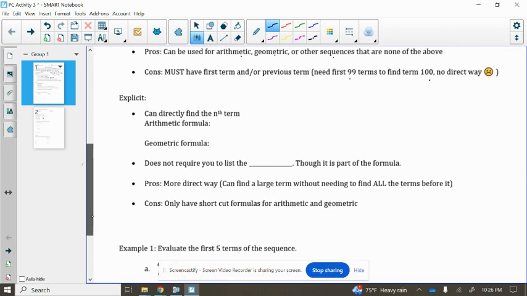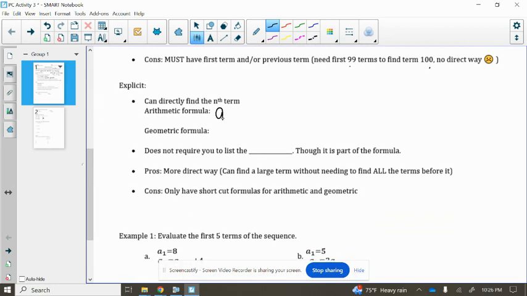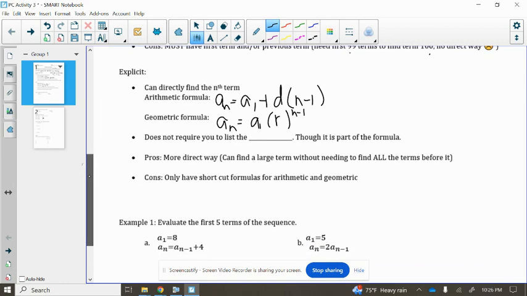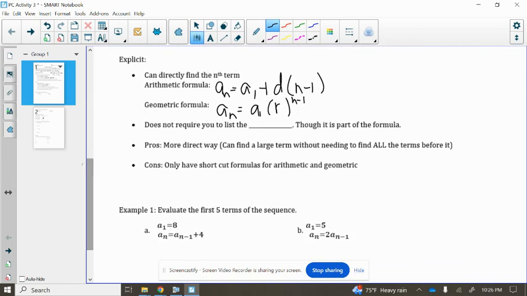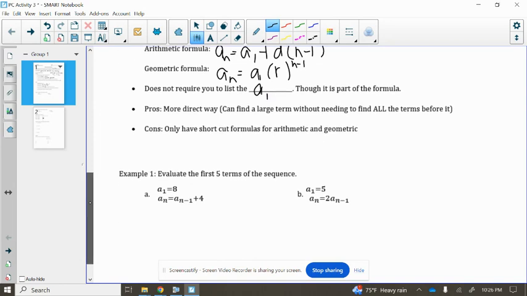Now, the explicit formula is what we've been dealing with. So for instance, for an arithmetic, that's our first term plus the common difference times n minus 1. Geometric, first term times our r value to the n minus 1, right? So we've seen that previously. It does not require us to list that first term, although it is involved in part of our formula.